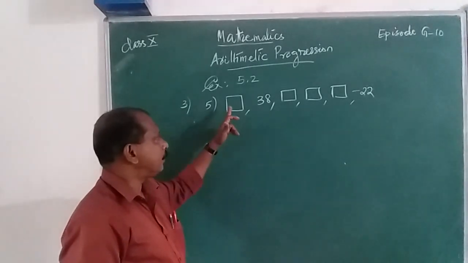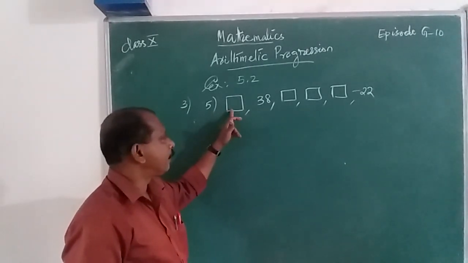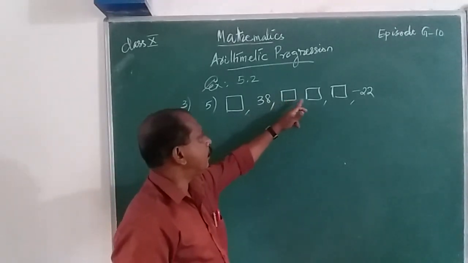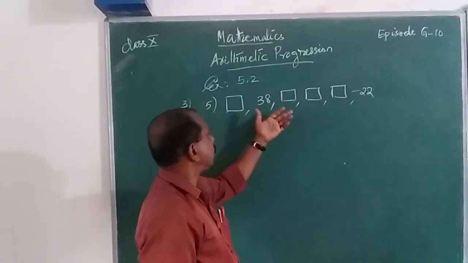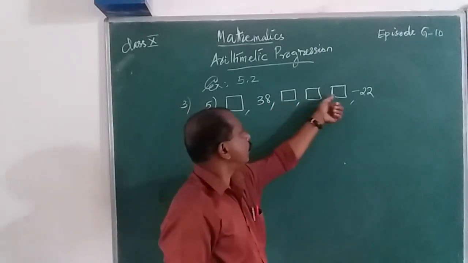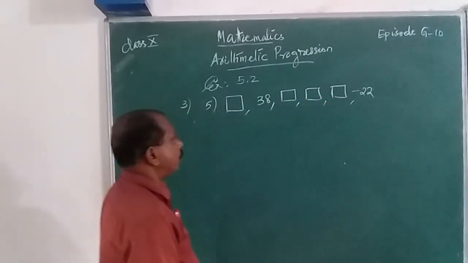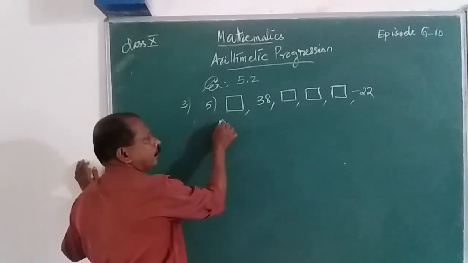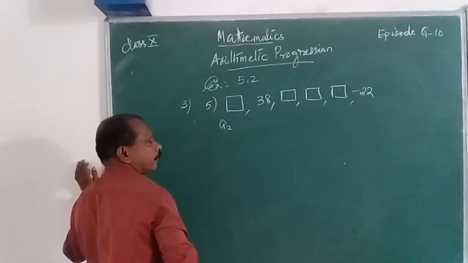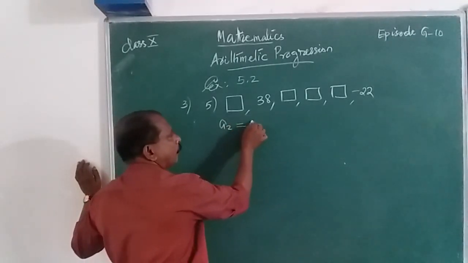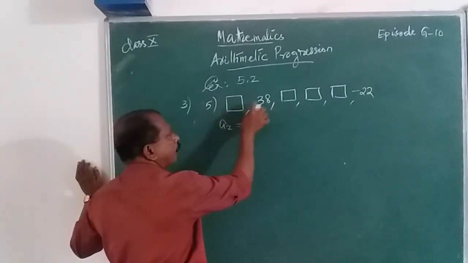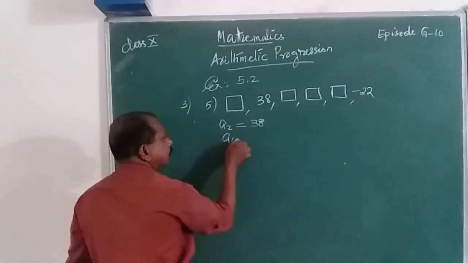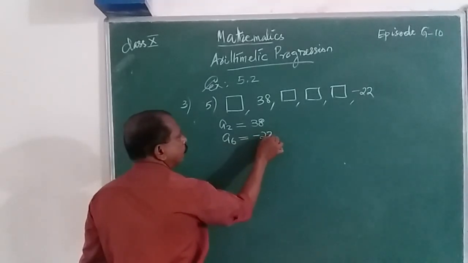Similarly, this is the first term, this is the second term, and the third, fourth, fifth, sixth. There are 1, 2, 3, 4, 5, 6. Then this second term is 38. Sixth term, that is A6 is equal to minus 22.